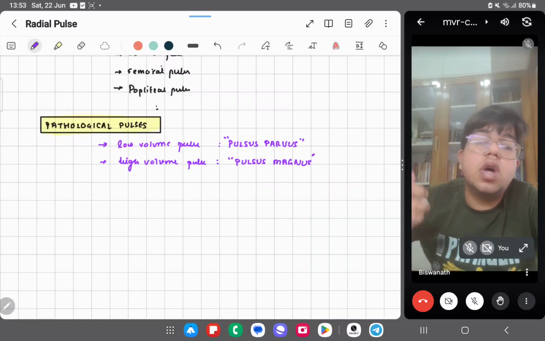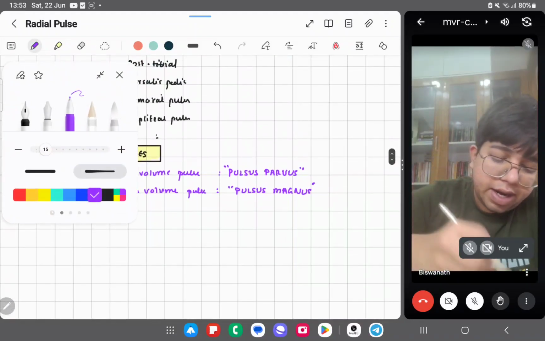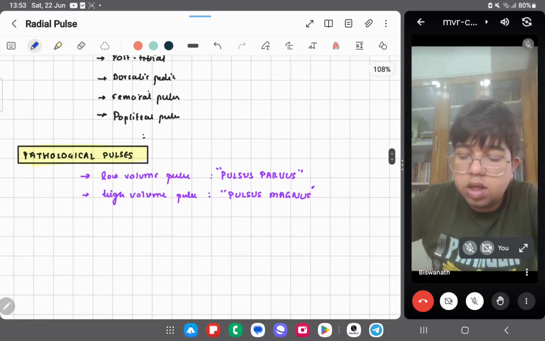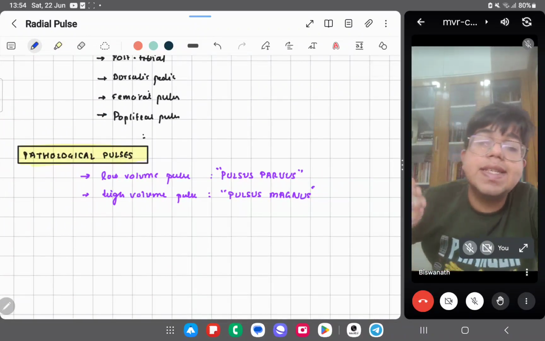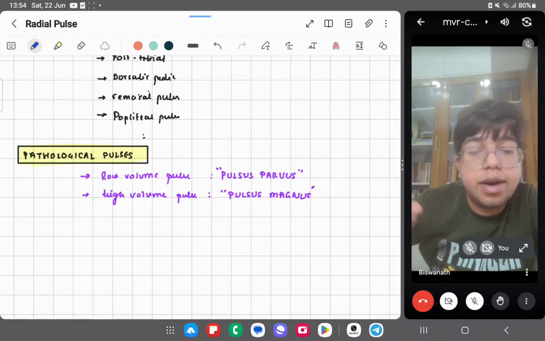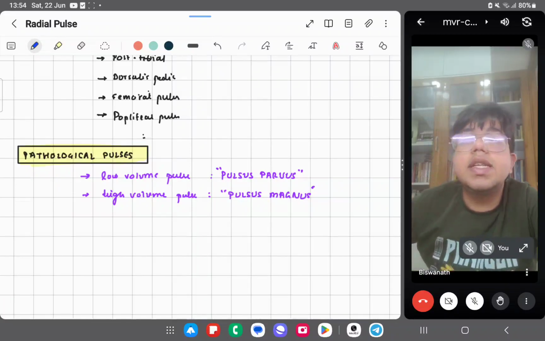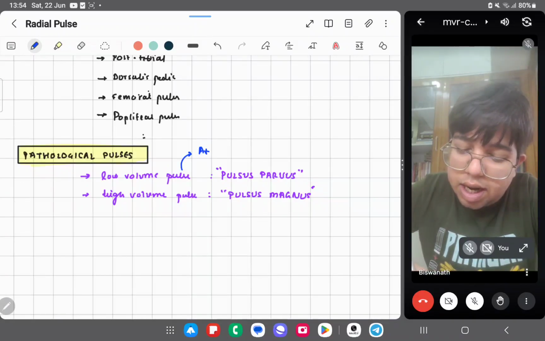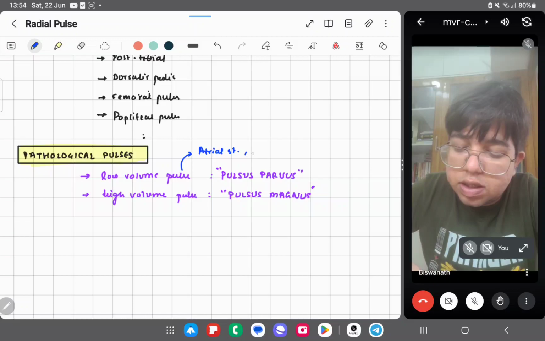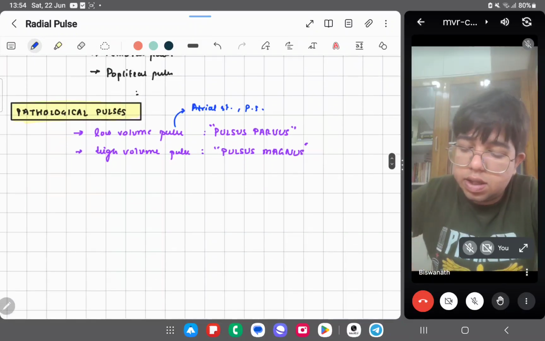Okay, so low volume pulse, or the pulsus parvus, is basically seen in case of arterial stenosis, in case of pulmonary stenosis, in these conditions.